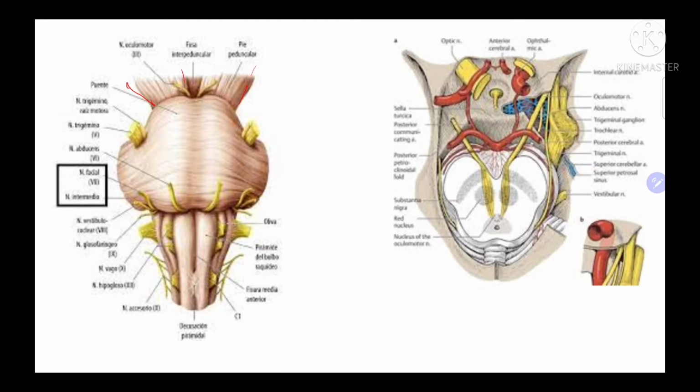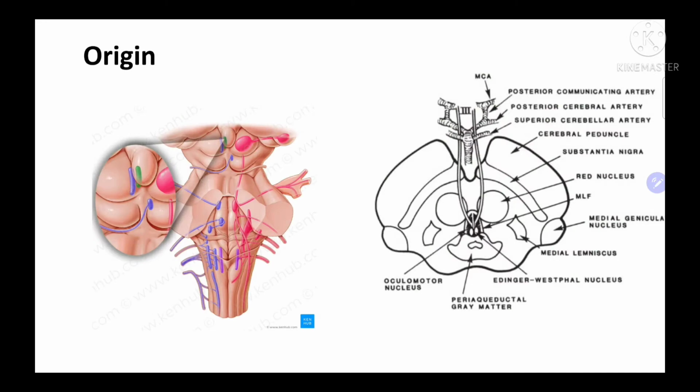But the real origin of this nerve, you're gonna find here, deep in the midbrain. So this nucleus, this is the real origin of this nerve, the oculomotor nucleus. The oculomotor nucleus originates from the level of the superior colliculus in the midbrain.